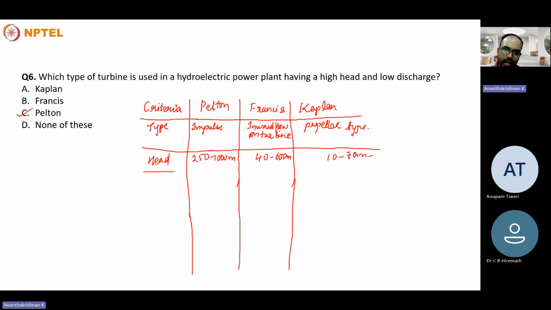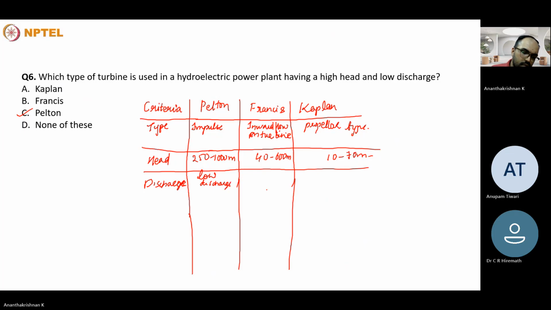And then the other parameter that is available is discharge. Since Pelton is based on the potential head that is available, it can produce only low discharge. Francis is medium discharge, medium in all the cases.